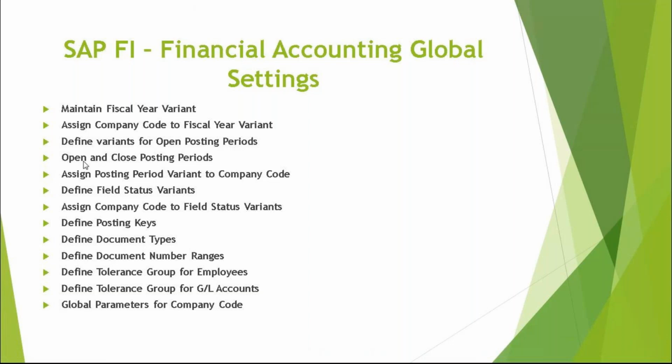Whatever asset things there should be, that should be under one particular field. That field we will be creating under the field status variant. I will show you what all the field status variants we will be having. Now what you will be learning is, you have already created a few things. Now we don't create everything, we will be copying what is already created.